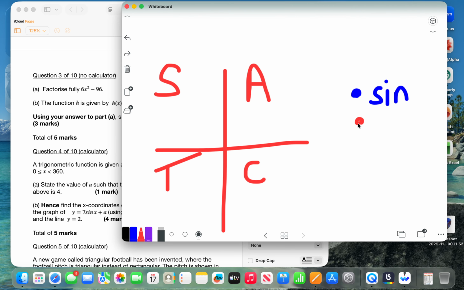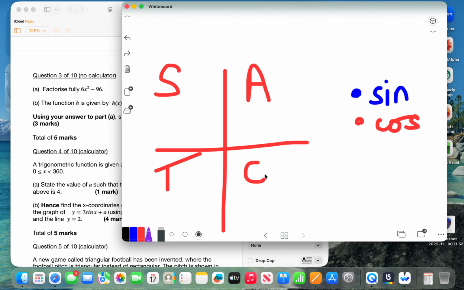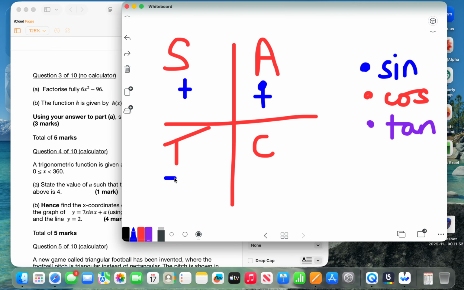This is cosine, and the purple is tan. So that's positive, and because the blue pen represents sine, the sign is negative and negative.